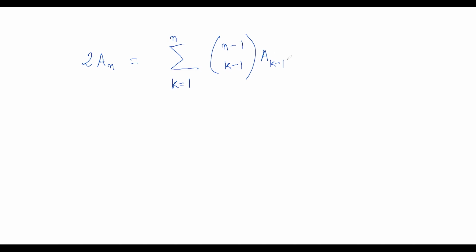For each such sequence we have a n minus k sequences for the second group. Combining case 1 and case 2 together, we have this result: 2an is equal to the summation, k going from 1 to n, of n minus 1 choose k minus 1, times a k minus 1, times a n minus k.